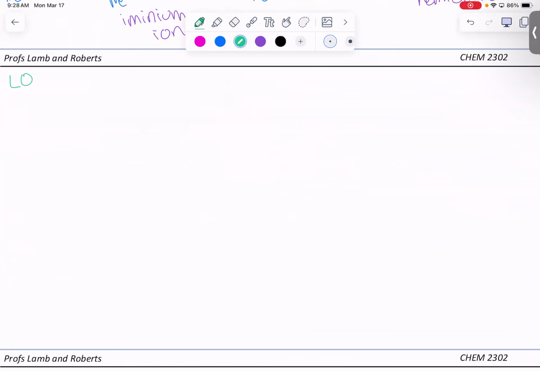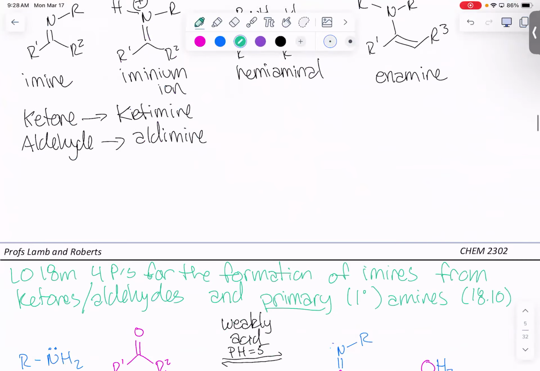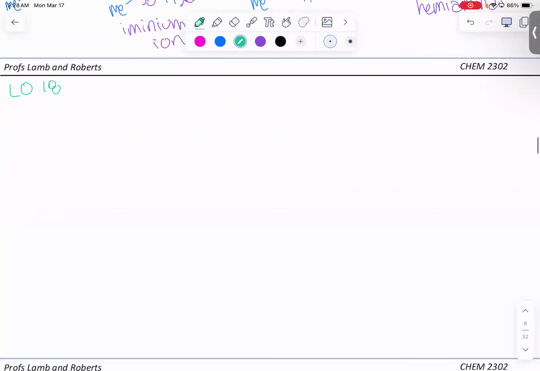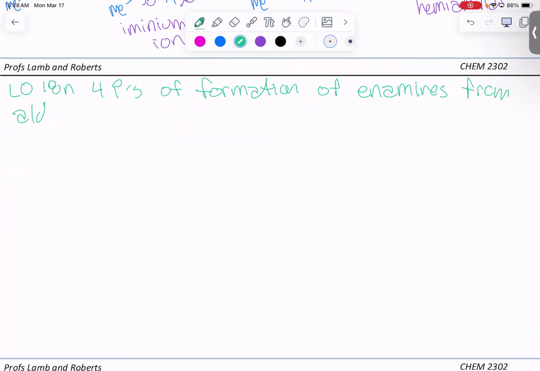All right, this is going to be learning objective 18. I have it written as N, just want to double check that. Learning objective 18N. This is another mechanism question. So it's the 4 P's of formation of enamines from aldehydes and ketones.